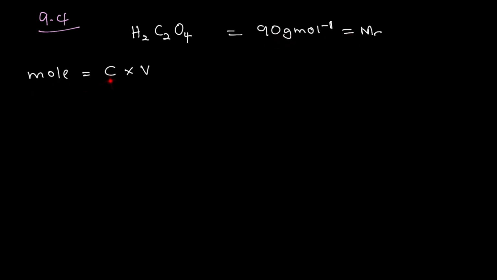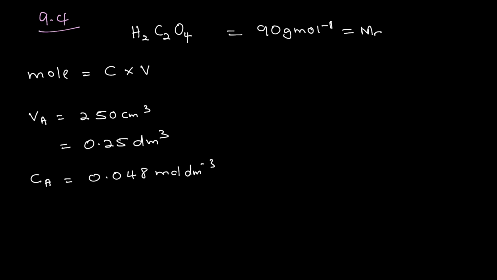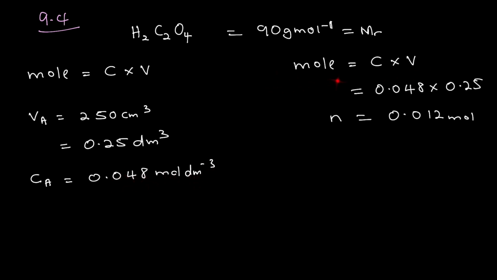Mole is concentration times volume, and the volume given is 250 centimeter cube. If I divide that by 1000, it will become 0.25 decimeter cube, and the concentration is 0.048 mole per decimeter cube. So if I work out the mole, which will be concentration times volume, that will be 0.012 mole.